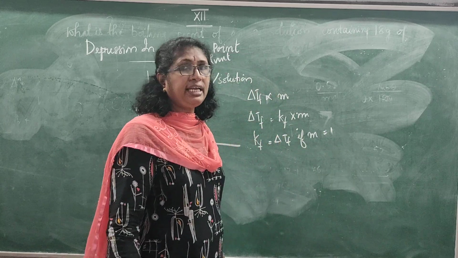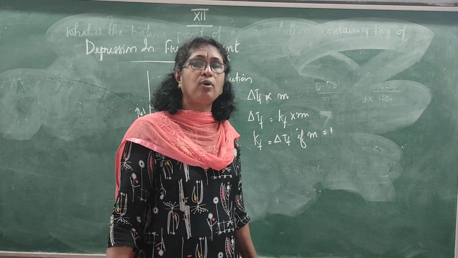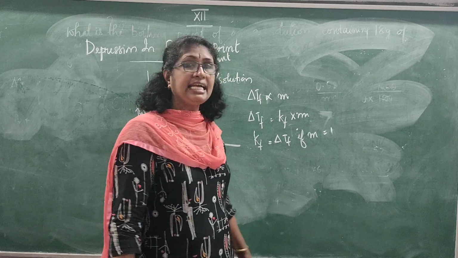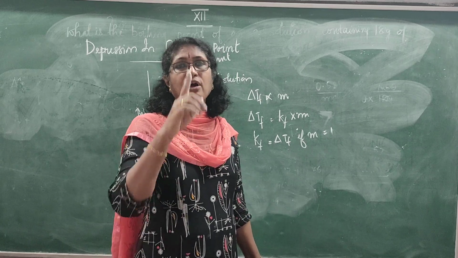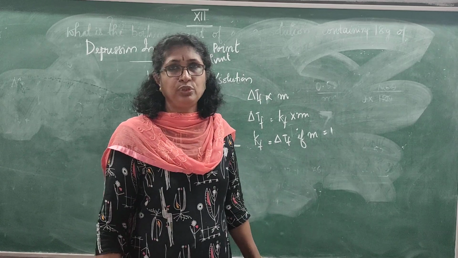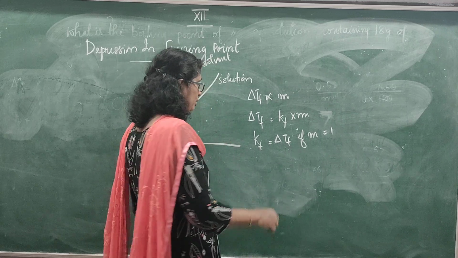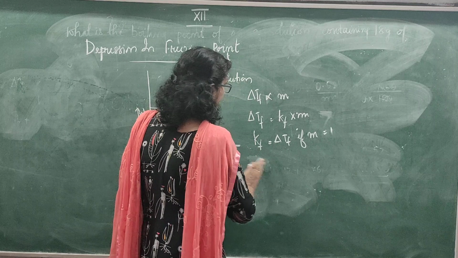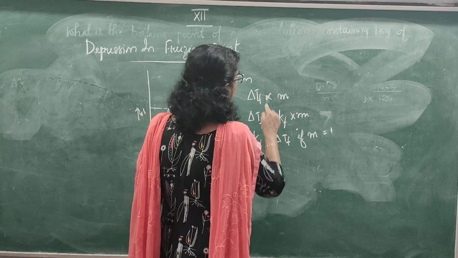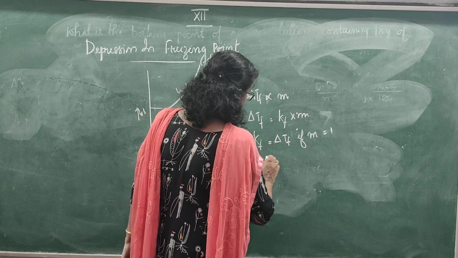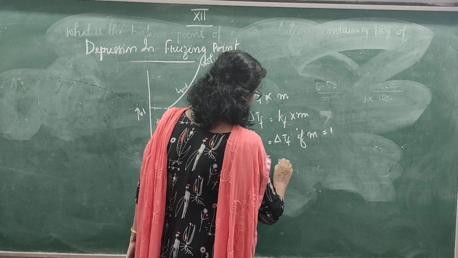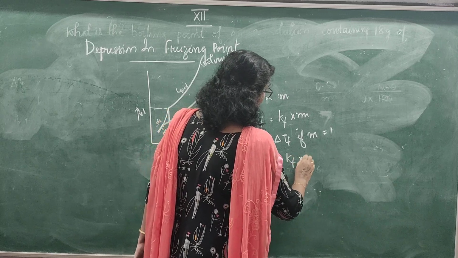So we can define the cryoscopic constant or molal depression constant as the depression in freezing point of a 1 molal solution. So delta Tf is equal to Kf into molality.